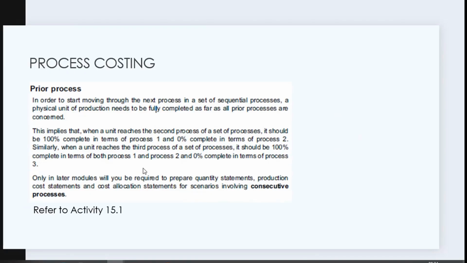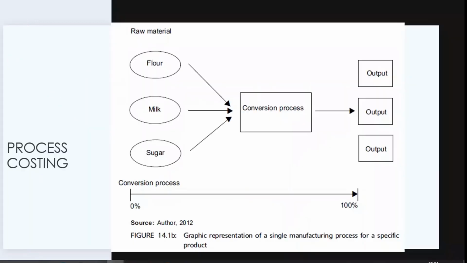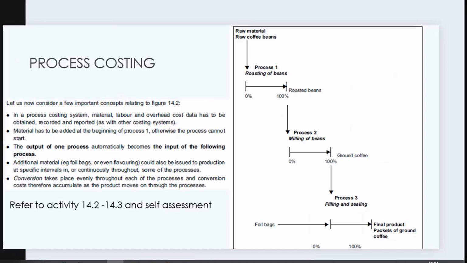So this one, prior process. With the prior process, in order for you to move to the next one, you need to recognize where certain things were coming from. So from this very same example that I indicated at the beginning, maybe let me go there, this one.